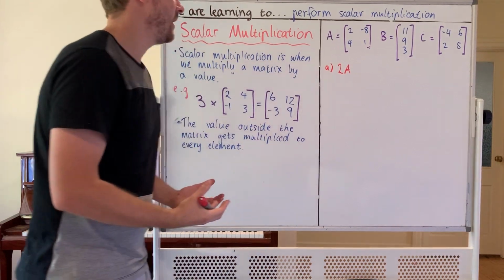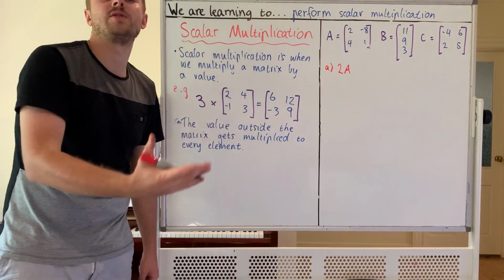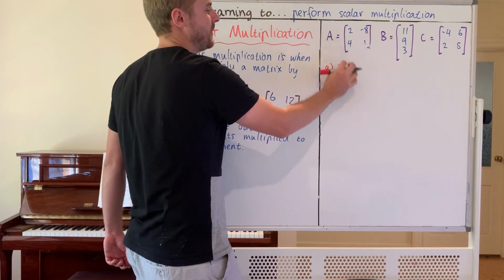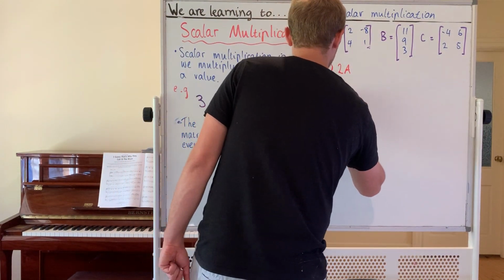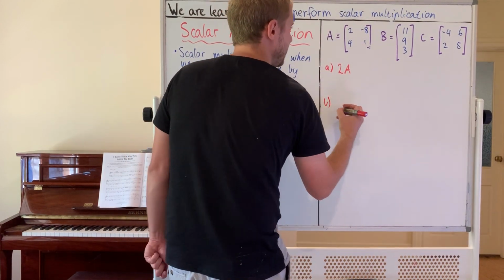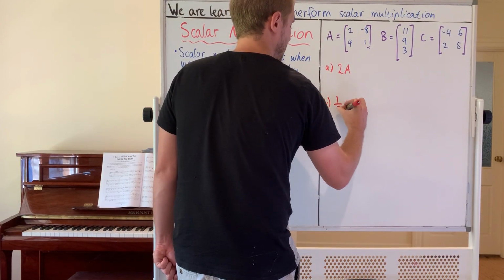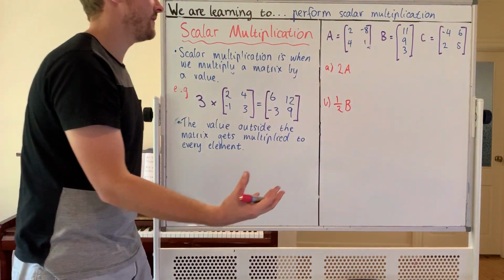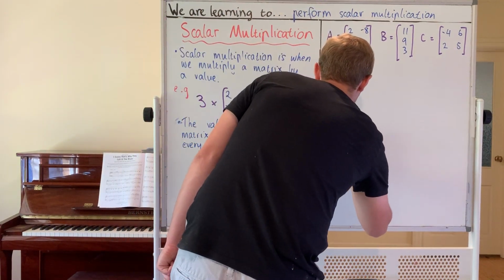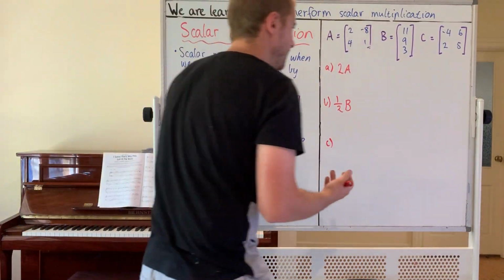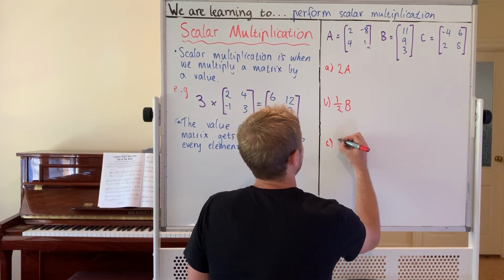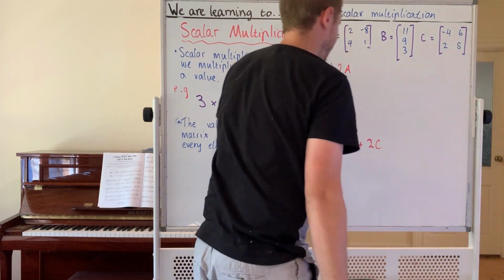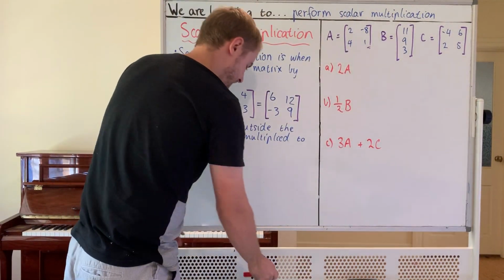Alright, 2A, it's like in algebra, 2A means 2 times A, alright? So if you have something like that, it means matrix A multiplied by 2, which we'll solve in a moment. We could also have something like a half B, meaning matrix B gets multiplied by a half. Once it steps up a little bit, not necessarily hard, but it can be a bit more tedious when we have questions like this. All right, we have 3A plus 2C. All right, we'll talk about that when we get up to it.